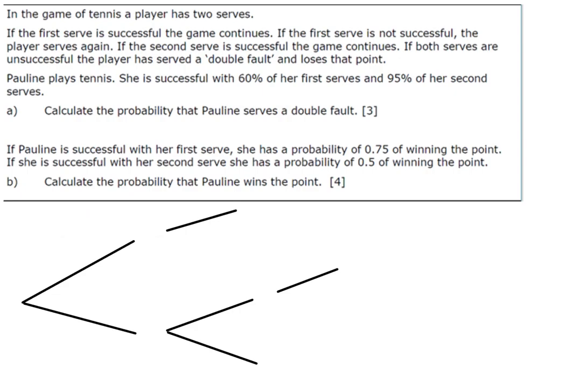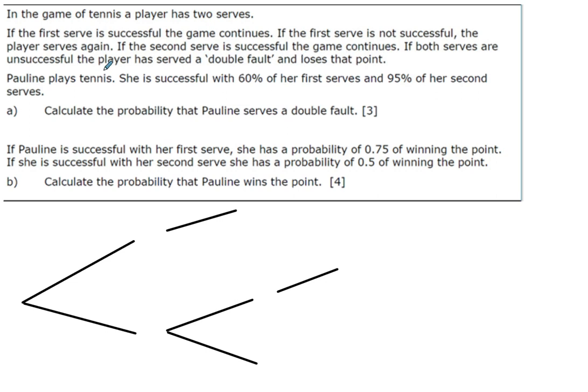In the game of tennis, a player has two serves, and you can tell that's so wordy, but we're just going to go in order and nothing's going to overwhelm us. If the first serve is successful, the game continues. If the first serve is not successful, the player serves again. If the second serve is successful, the game continues.